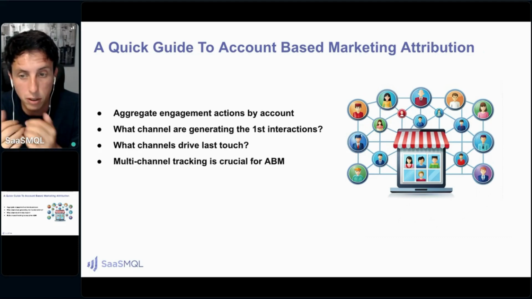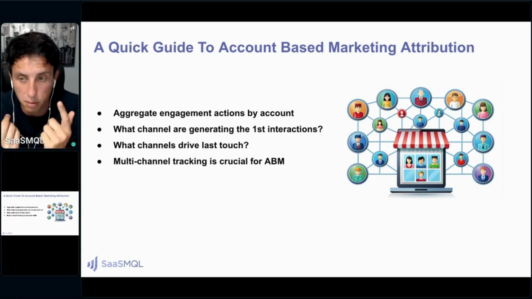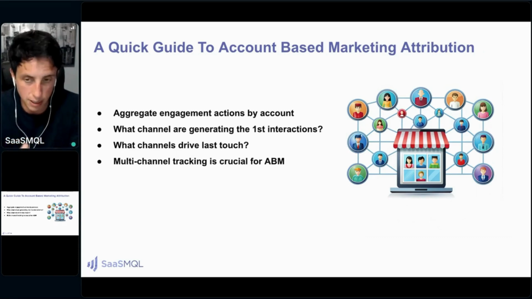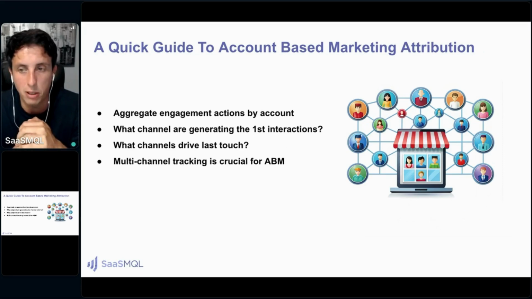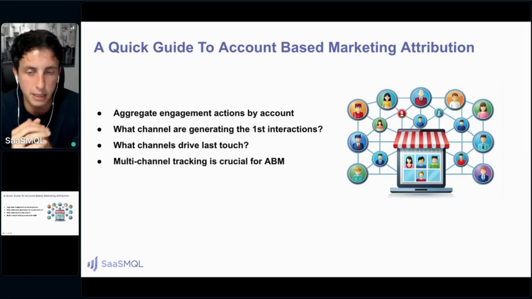So you want to know the first touch and the last touch, and you need to track across all these different channels, which for some of them is not easy, especially at the very top of the funnel. It gets easier and easier as you go down in stage, because at that point you know who is doing the action. Because these are all targeted channels, it's not as hard to track the attribution at the account level, then at the opportunity level, and when they become a customer.